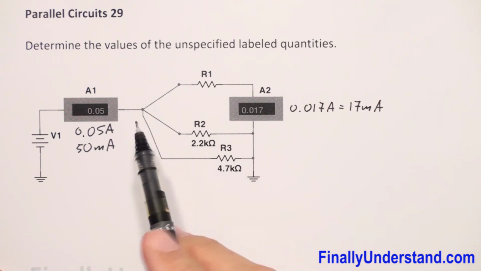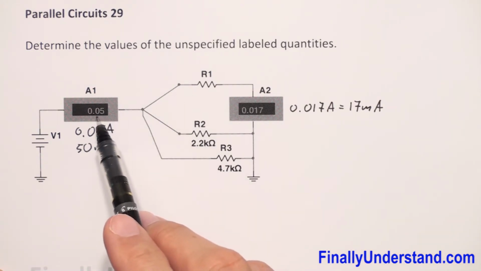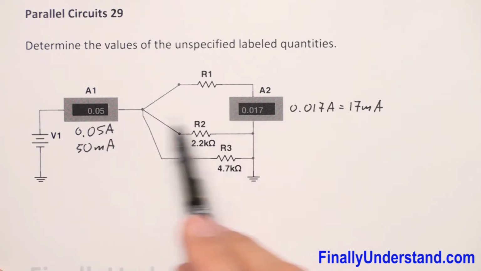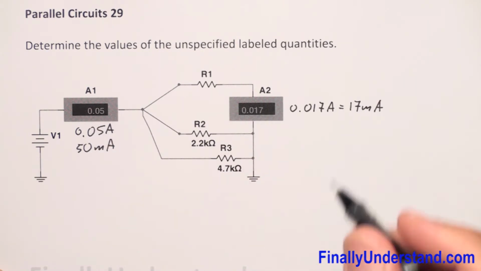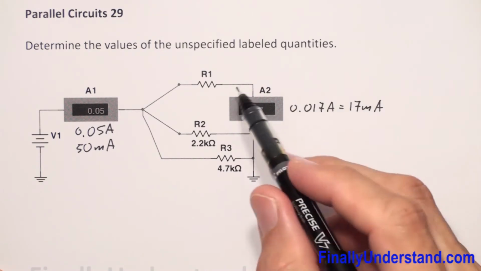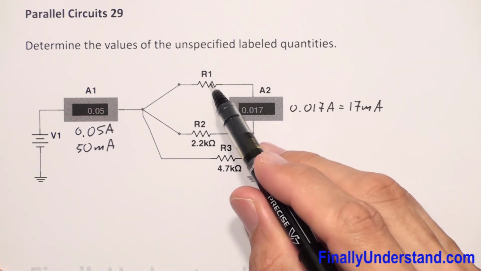Okay, because we can have difficulties to see what values they are. So we have to find resistance R1.